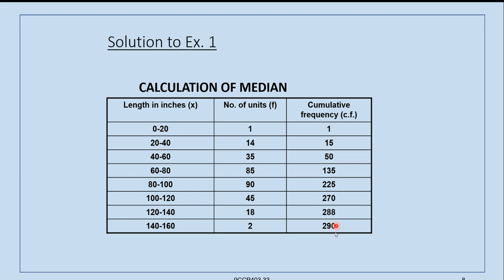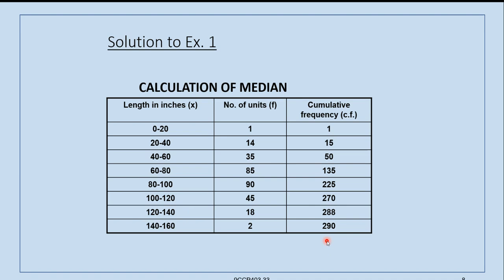So n by 2 will be 145. That means n by 2 is falling in the median class 80 to 100, where the frequency is 90 and the cumulative frequency is 135, and lower limit is 80 and n by 2 is 145.